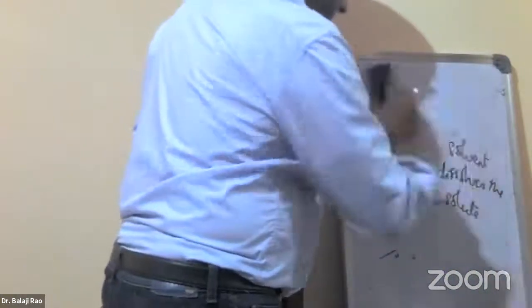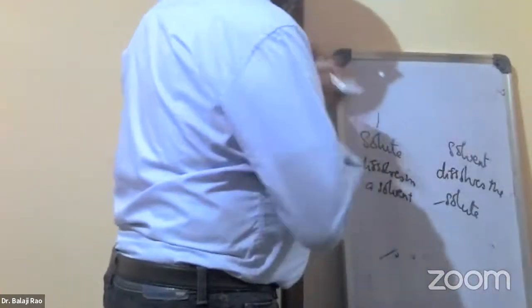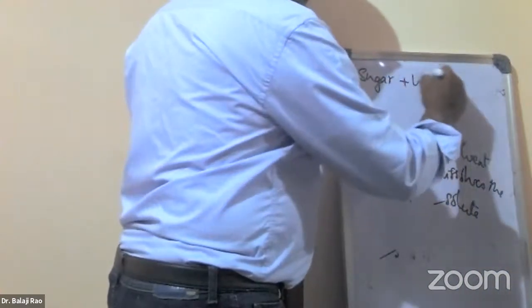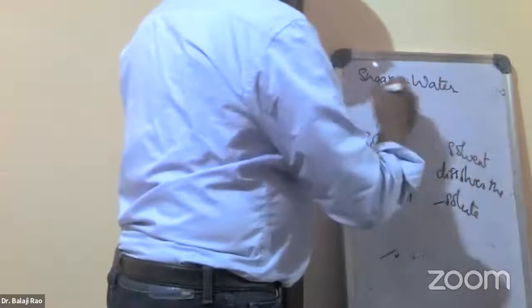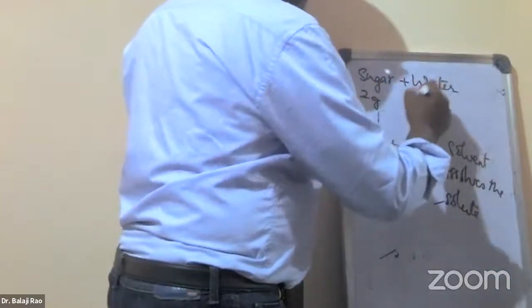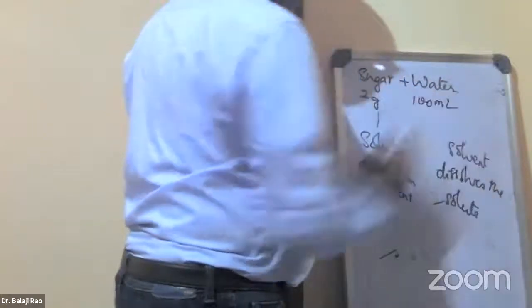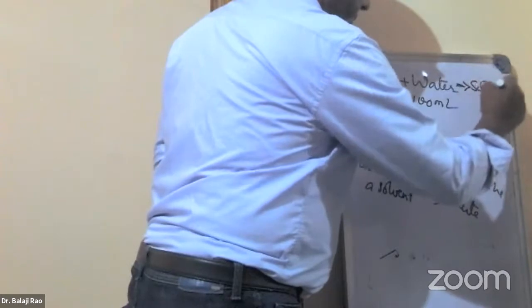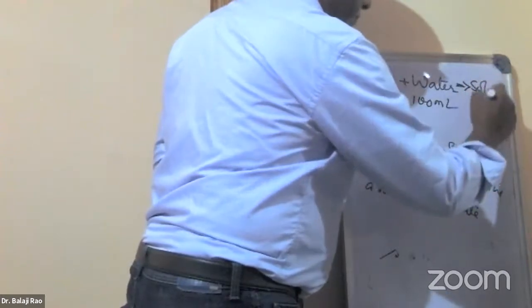If I take, for example, sugar, put this into water. Let us say I take 2 grams sugar, put this into 100 ml water. I get a solution of sugar.